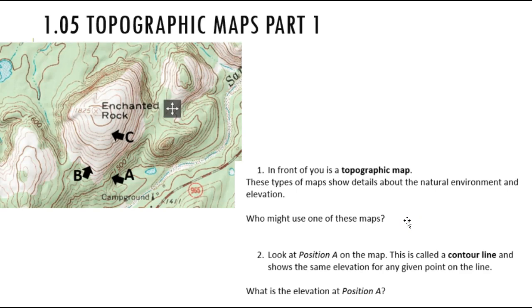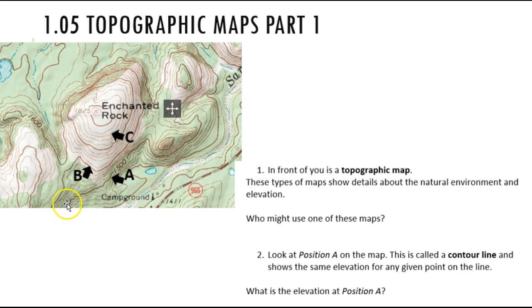And then number 2, look at position A on the map. This is called a contour line, and it shows the same elevation for any given point on the line. And A happens to be an index line because it is darkened. What is the elevation at A?